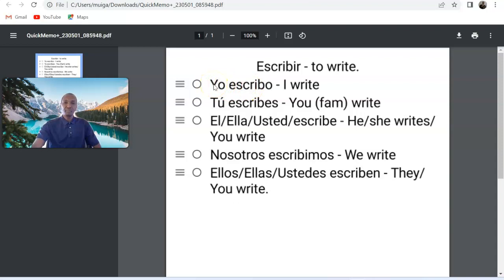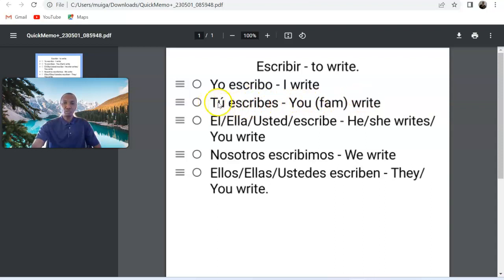The Spanish present corresponds, in this case, yo escribo, to the English I'm writing, I do write, or I write. So second person singular, tú escribes, would mean you write.